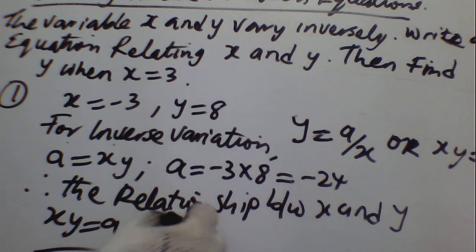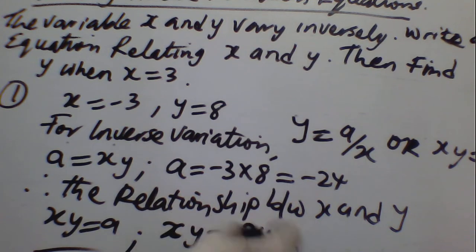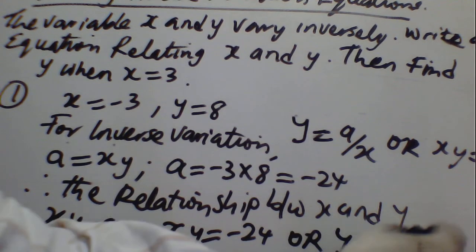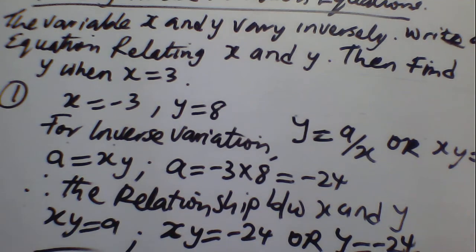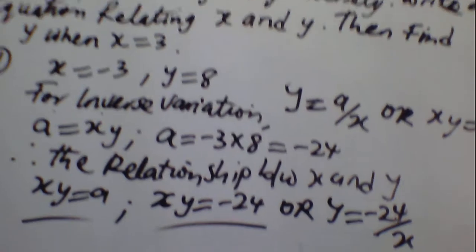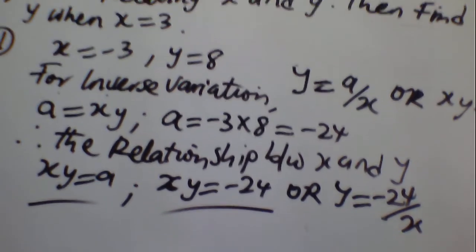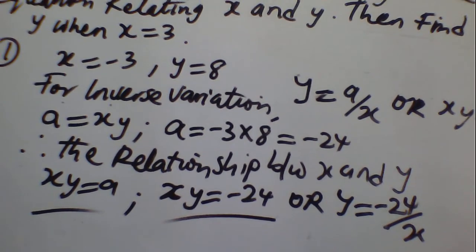So xy is equals to minus 24. So this is the relationship between them. Or you can also write it in this form: y is equals to minus 24 divided by x. Any of these equations satisfies the relationship between x and y.